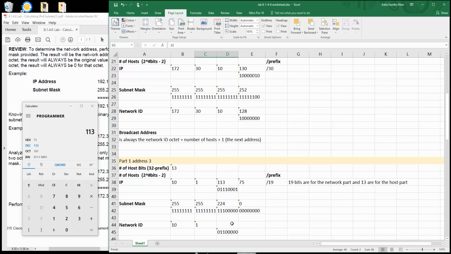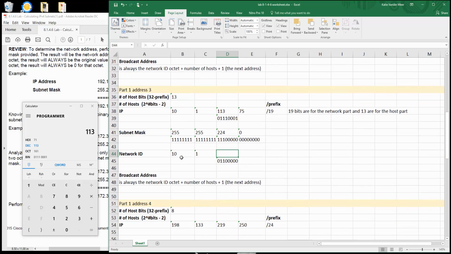So address 3, the network ID is 10.1.96. And then when there's a 0 in the subnet mask, there becomes a 0 in that network ID. It doesn't take on this because that's part of the host, not the network, sorry. So that becomes a 0.